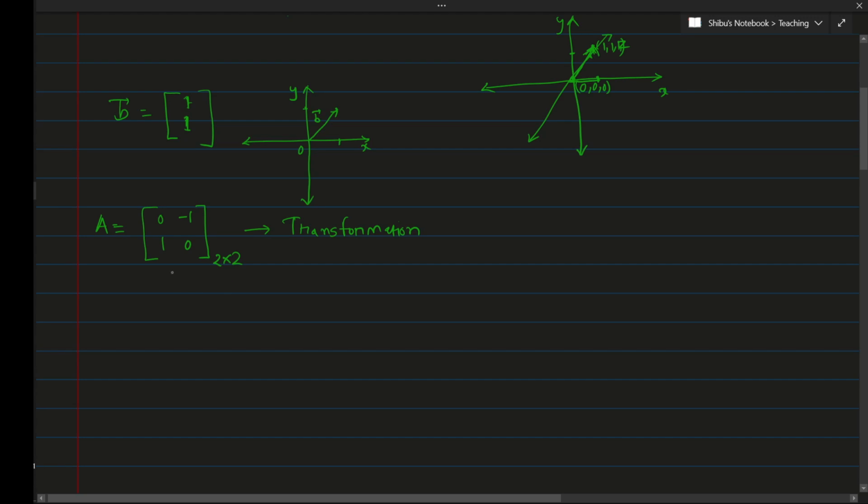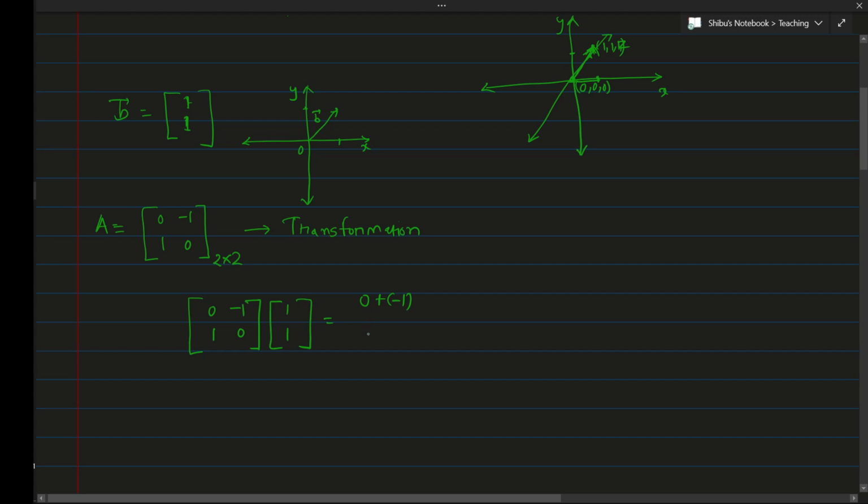So let's try to apply this matrix on this vector. If we apply this matrix 0 1 -1 0 on the vector 1 1, then we'll get 0 into 1 equals 0 plus -1 into 1 is equal to -1, right?